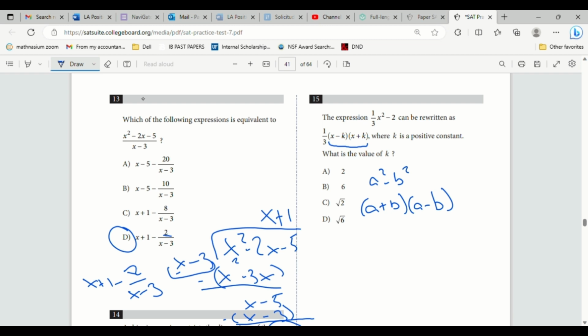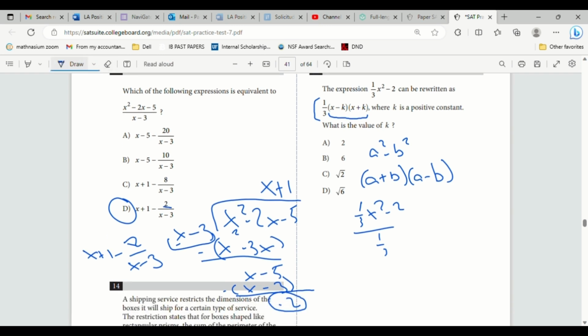Each term is divided by 1/3 because there's 1/3 on the outside. So we can divide our expression by 1/3 each term. So 1/3 divided by 1/3 is simply going to be 1. So that's a 1/3 times x. And now minus 2, so 2 divided by 1/3, or 2 times 3, because of keep, switch, flip, is 6.